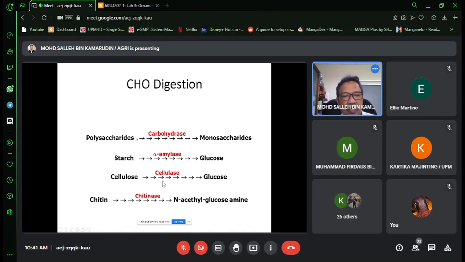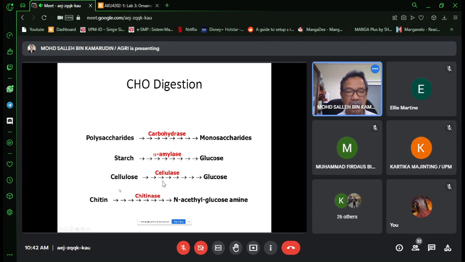And from polysaccharides, kalau polysaccharide dia perlu ada carbohydrase dalam usus dia untuk convert the polysaccharide into monosaccharides. And then from monosaccharide dia perlu amylase untuk tukar balik ke yang glucose. And starch, kalau starch kita bagi dia alpha amylase ni very important, and they will digest it into glucose.